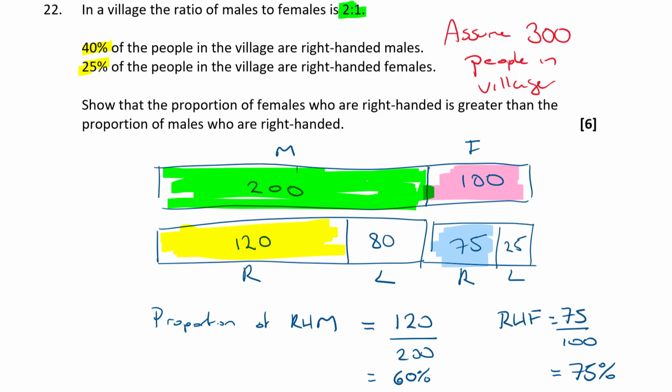Okay, show that the proportion of females who are right-handed is greater than the proportion of males who are right-handed. Well, 75% is bigger than 60%. So I think that's enough. We've found the proportion of men who are right-handed and the proportion of women who are right-handed, and we've seen that one is bigger than the other.